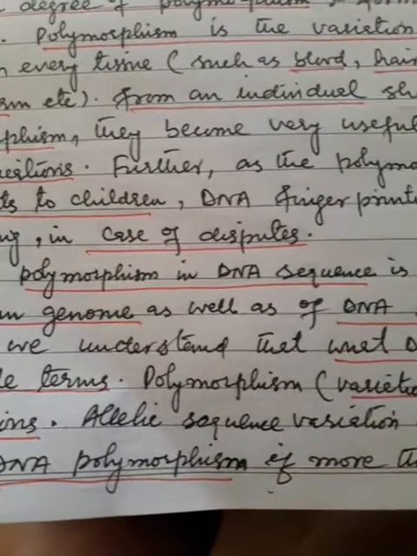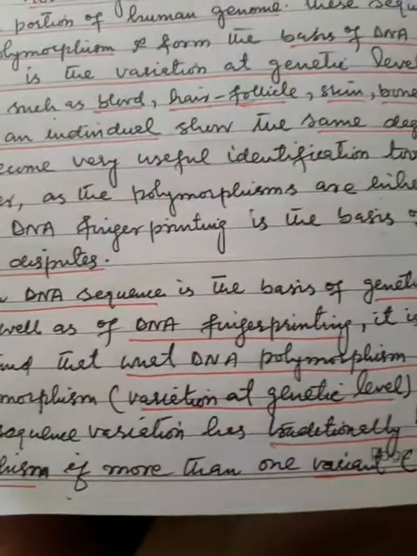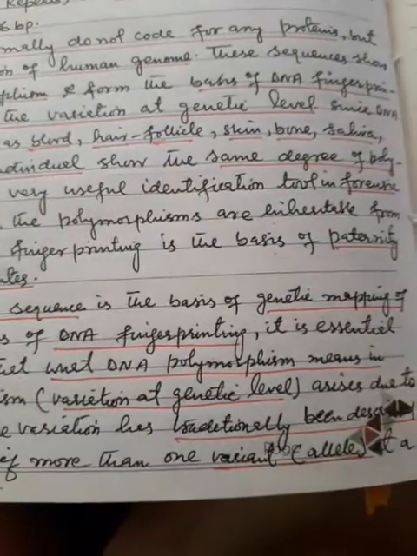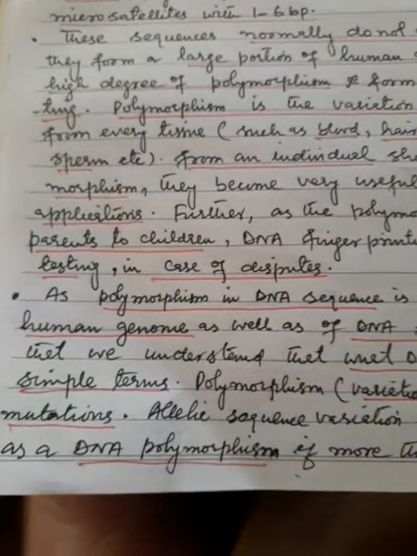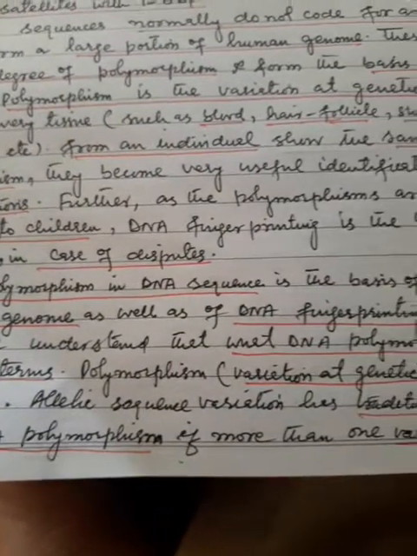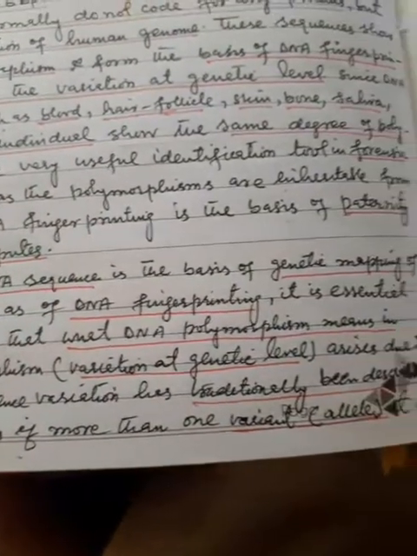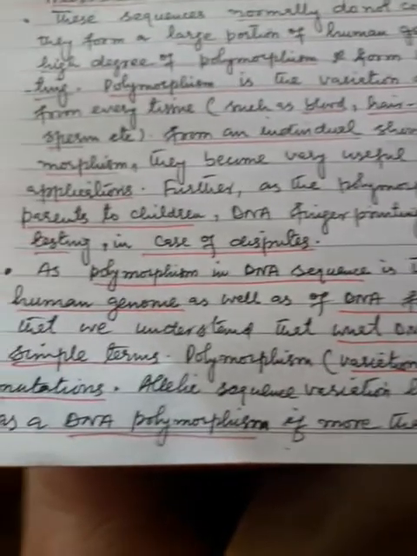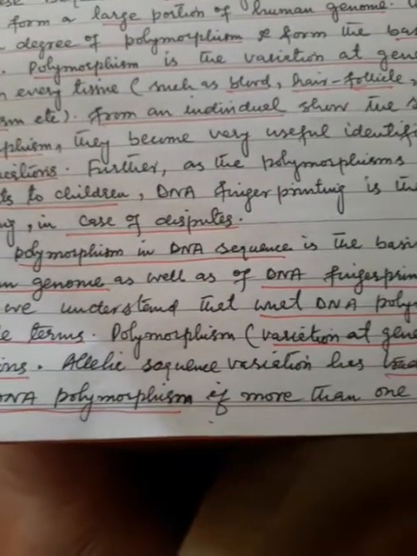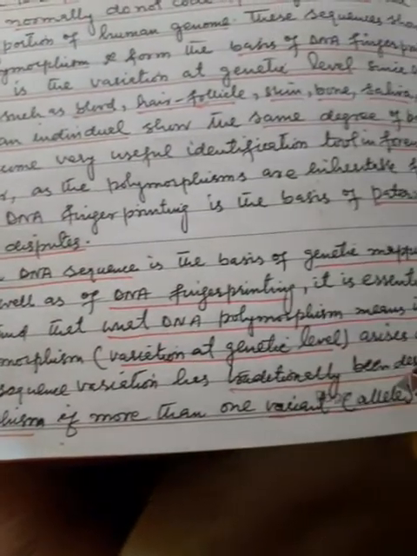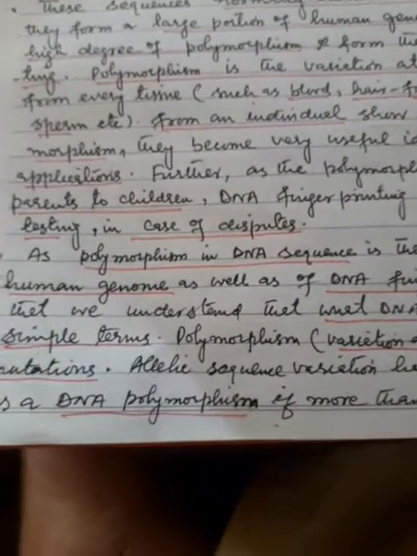As polymorphism in DNA sequence is the basis of genetic mapping of the human genome as well as of DNA fingerprinting, it is essential that we understand what DNA polymorphism means in simple terms.